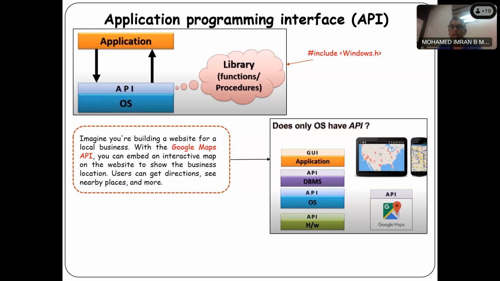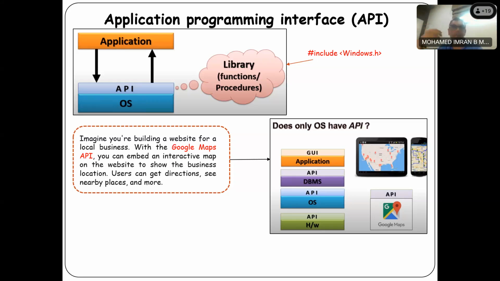Another example is when you use Grab. Grab is a mobile app. If you notice, the map which appears on Grab is similar to Google Maps. Whatever Google Maps displays on their screen, the same map is also displayed in the Grab application.